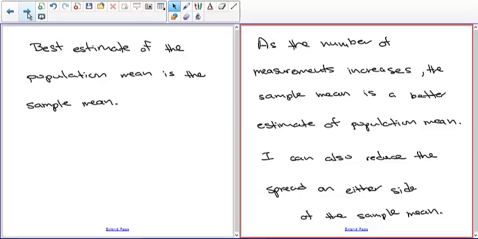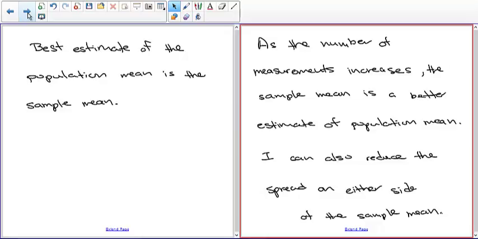But also, it's going to reduce the variability on how wide I have to go to feel pretty confident that the interval I specify contains the population mean. So by taking more data, I do two things. I get a better estimate of the mean, and I reduce the spread on either side.